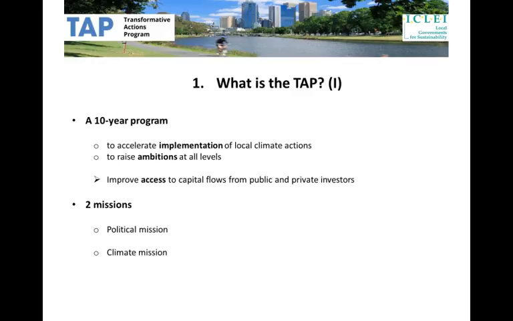As such, ICLEI represents cities and local and regional governments and defends their interests in the international climate negotiations. In this context, the TAP will advocate for better and quicker access to larger amounts of climate finance for cities and regions.